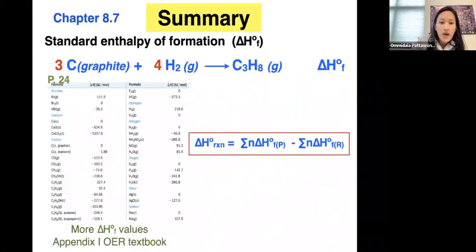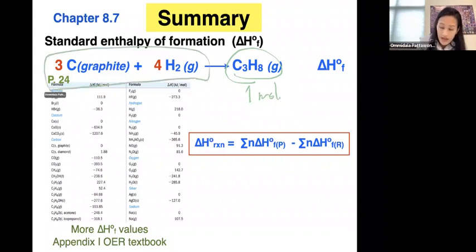All right, so the summary of this chapter would be pretty much two things. One is you learn how to write the equation of a certain compound that is being formed, 1 mole of this compound formed from its standard elements in their standard state.